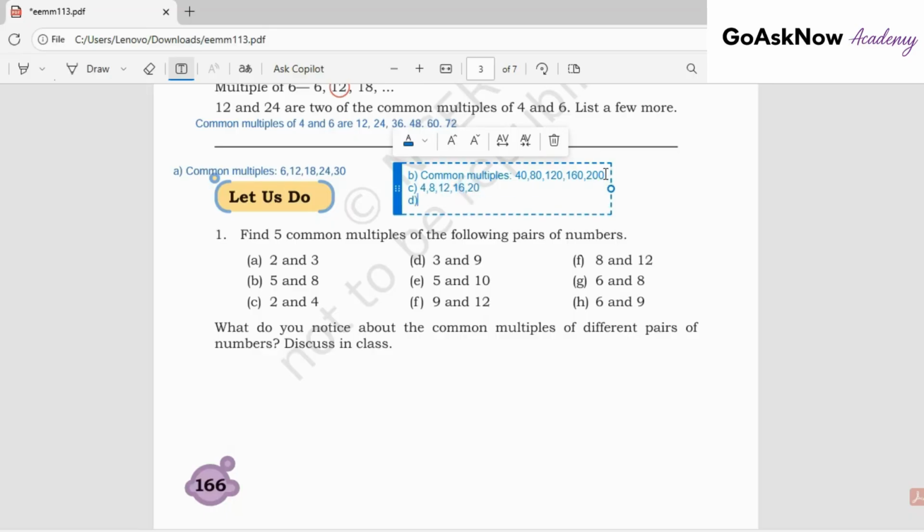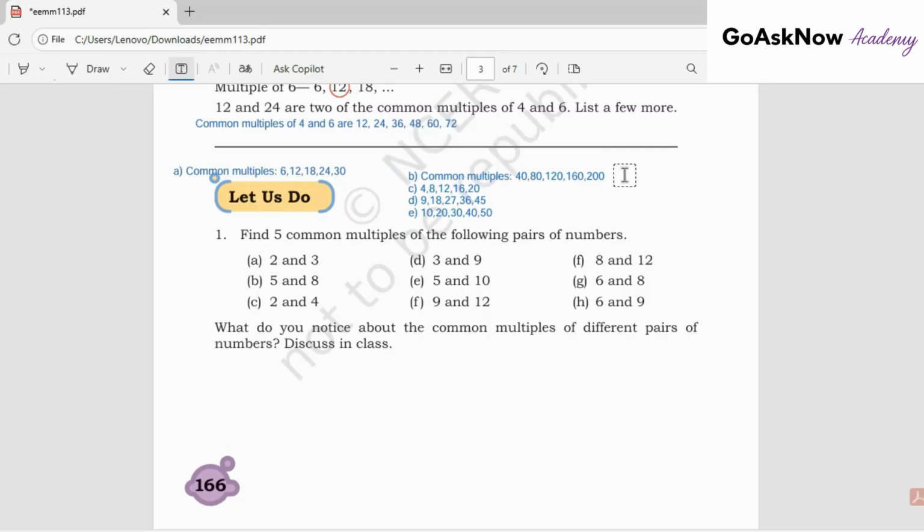Next for D, which is 2, 3 and 9, the common multiples are 18, 36, 54, 72, 90. Next for E, 5 and 10, the common multiples are 10, 20, 30, 40, 50.